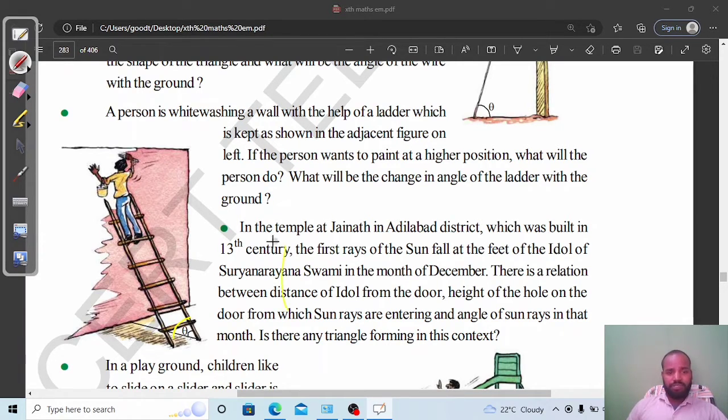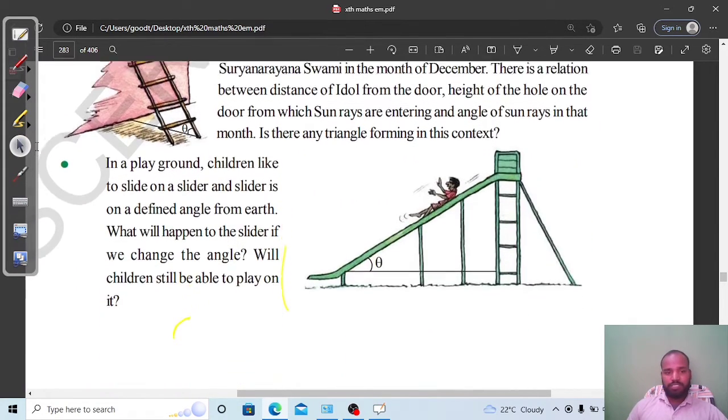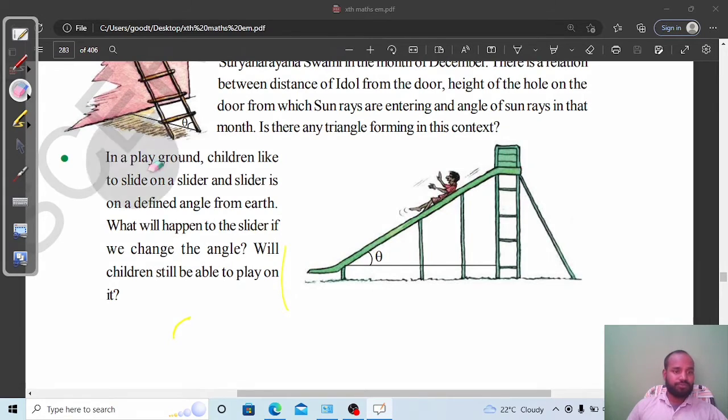Now you can see one more example here. In this example, what is going on? In a playground, children like to slide on a slider. How is the slider angle?